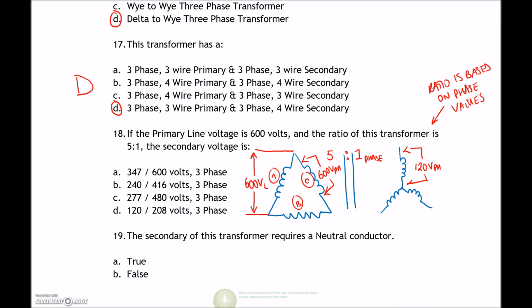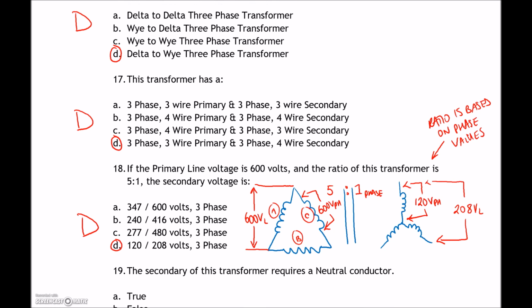And that gives us 120 volts on our phase value. And then we know that our line voltage is 208 volts on the line, root 3 of our 120. So secondary voltage is 120, 208, and it looks like D, oh, this guy's all D all the way through. Okay, so D, D, and D for 16, 17, and 18.